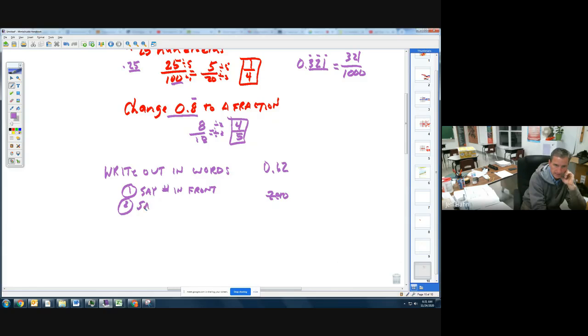So you have to say or write the word and for the decimal. So if I'm writing this out or saying this, it's 0 and. Okay, step number three is you say the number after the decimal.